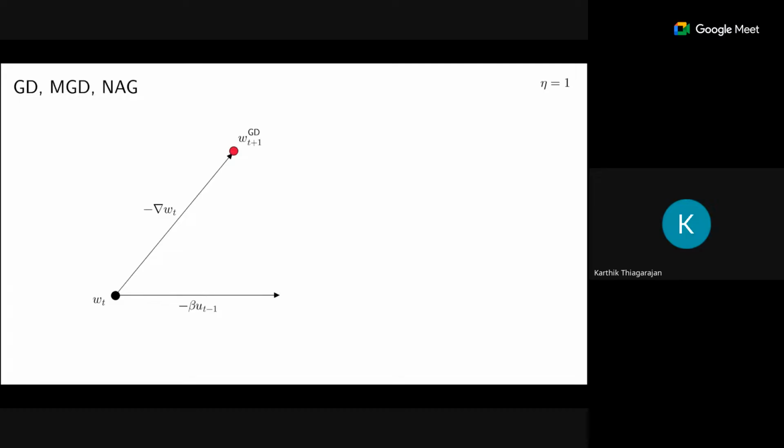You have to add them. If you add them, you will end up with this one, so you have to move from here to here. So this is wt plus 1 for momentum gradient descent. So how will NAG look? I should draw one more vector. What vector will I draw here?